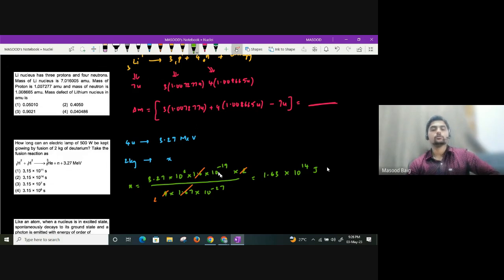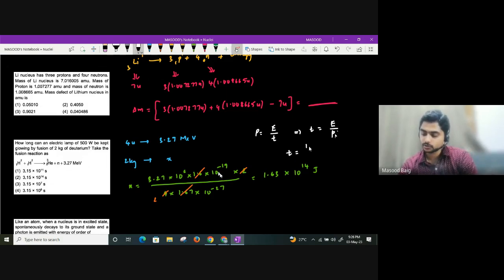They are saying, for how much time can an electric lamp of 500 watt be glowing? So we know the total power emitted is energy released per unit time. What we can write the time value as, guys, is energy released divided by power. So what will I get the time as?